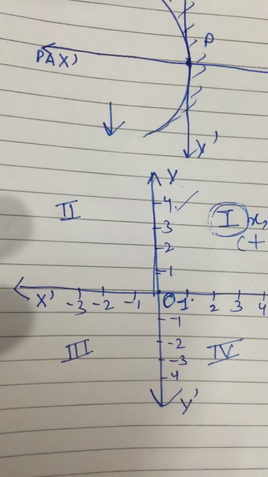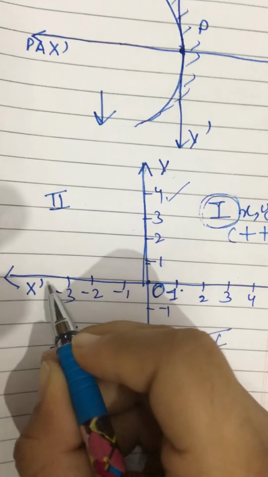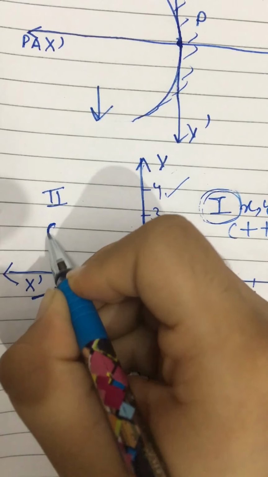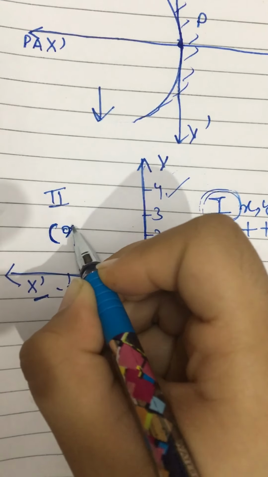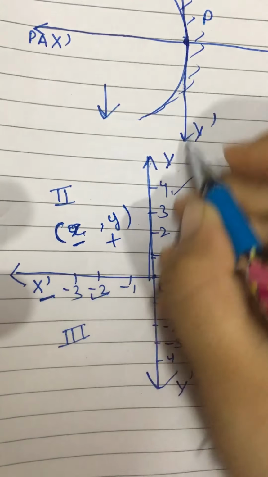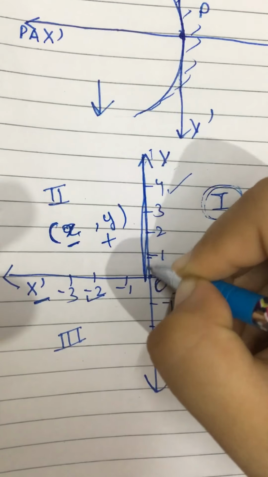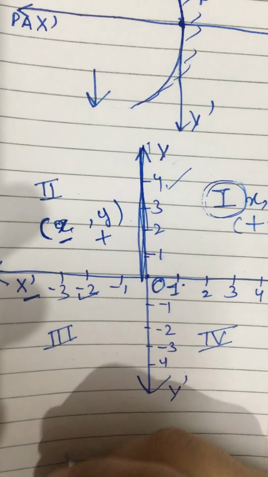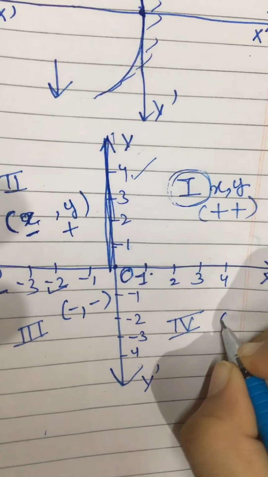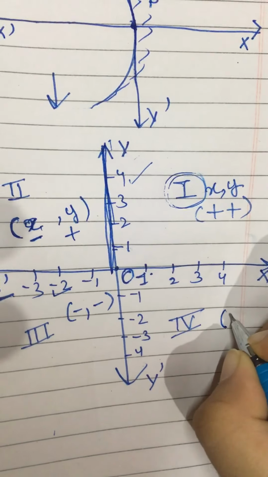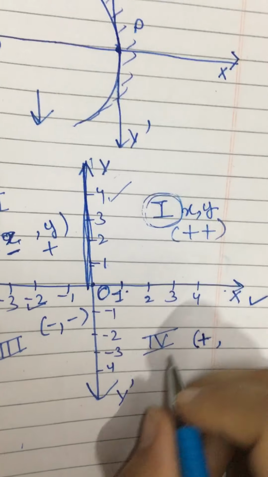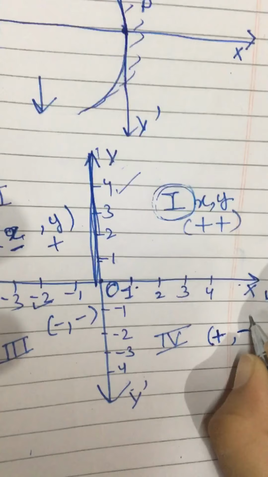In the second quadrant, the numbers on the x-axis are negative, so our x coordinate will be minus, and our y coordinate will be plus, because all the points here are positive. In the third quadrant, both will be negative, and in the fourth quadrant, x will be positive and y will be negative.